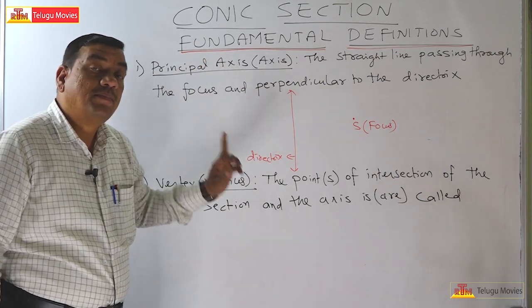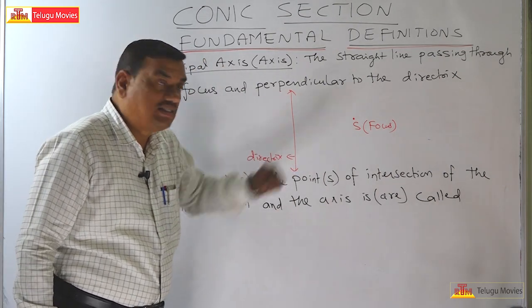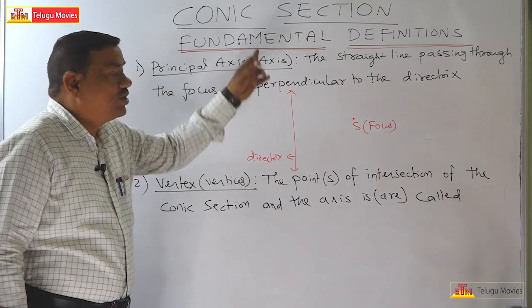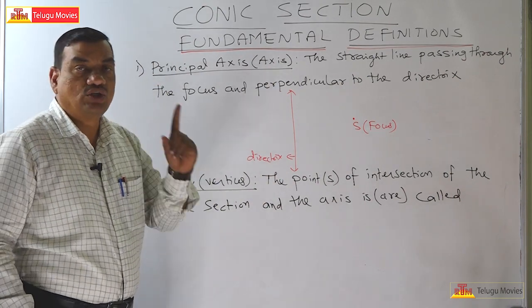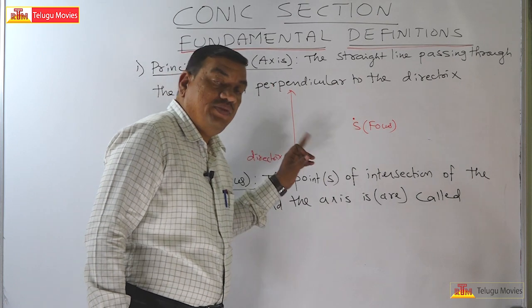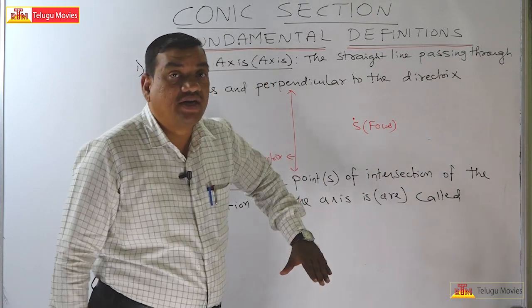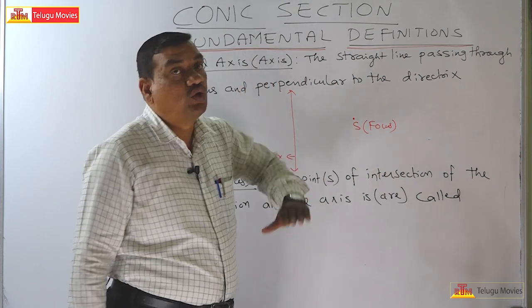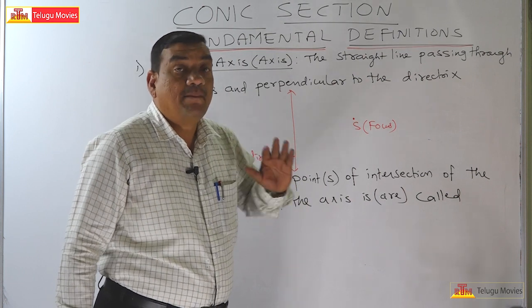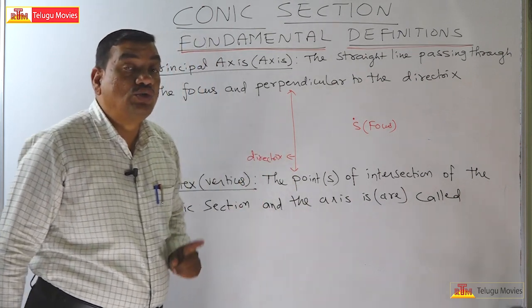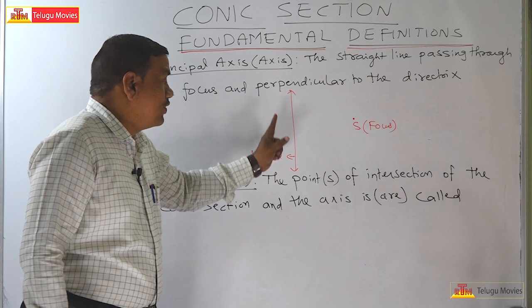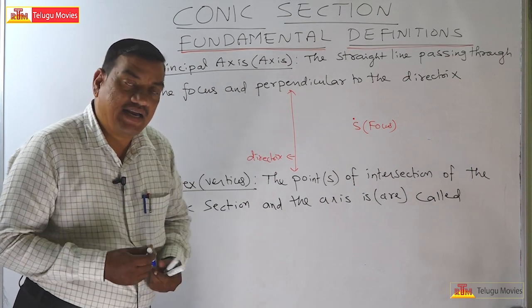Now the principal axis, or simply axis of the conic, whatever may be the conic, is a straight line passing through the focus and perpendicular to the directrix. There may be one directrix or two directrices, one focus or two foci, but it should pass through the focus and be perpendicular to the directrix.